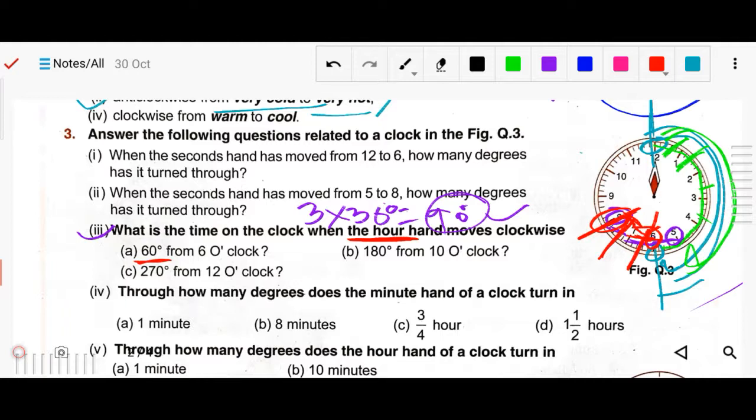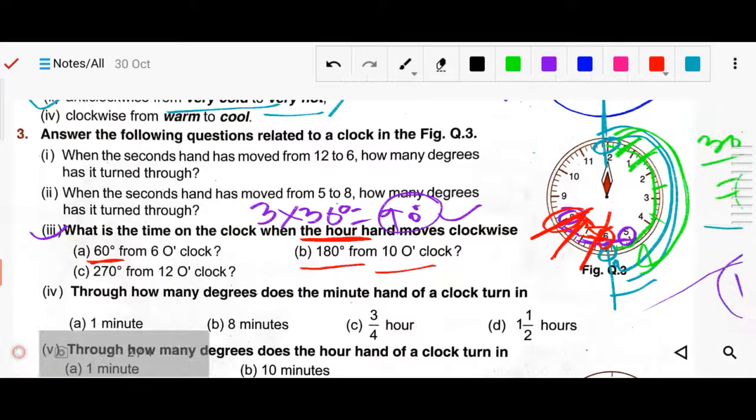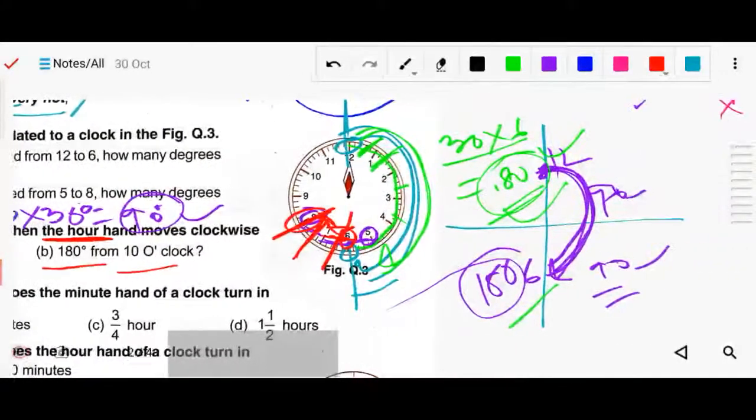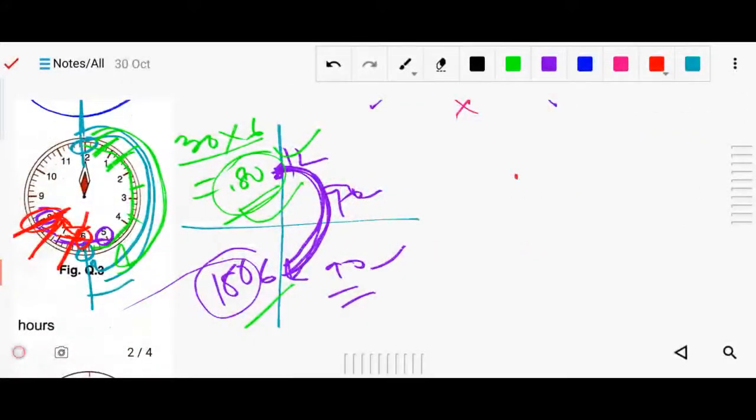Okay, now next you can see, 180 from 10 o'clock. So now here, 180 degrees from 10 o'clock. How can you do it? You can also do it like this: 180, and what is the angle between two adjacent numbers? 30.